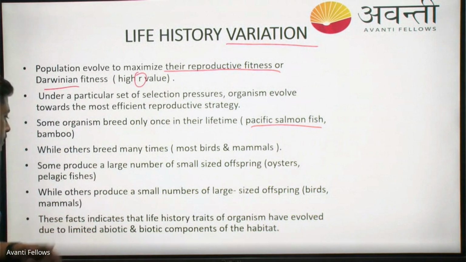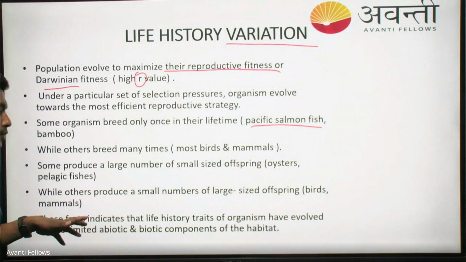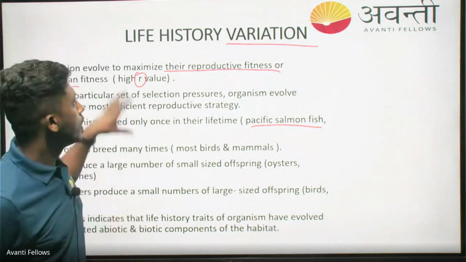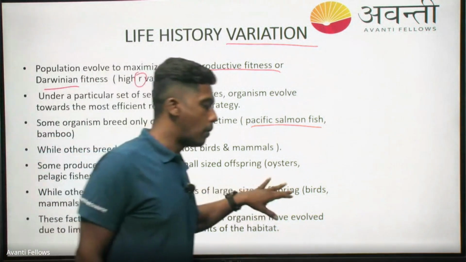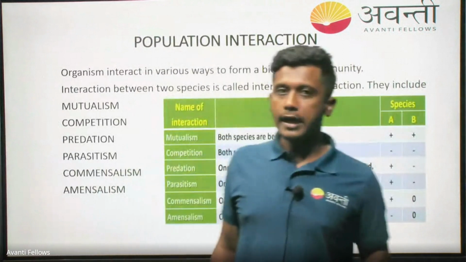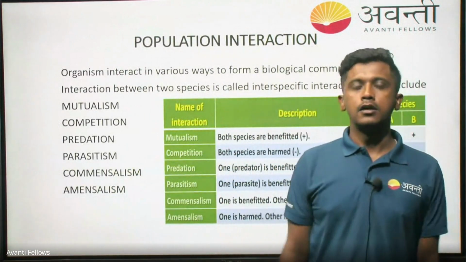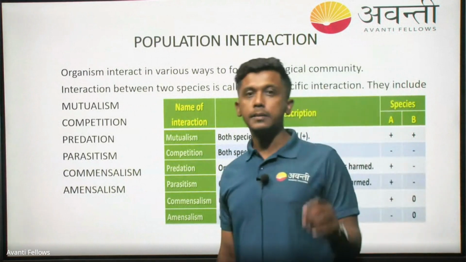Because of the life history of the organism and how they have evolved for reproduction based on biotic and abiotic components, their variation and their population depend on it. It's not that all organisms have to reproduce at a very fast pace or a very slow pace. It depends.